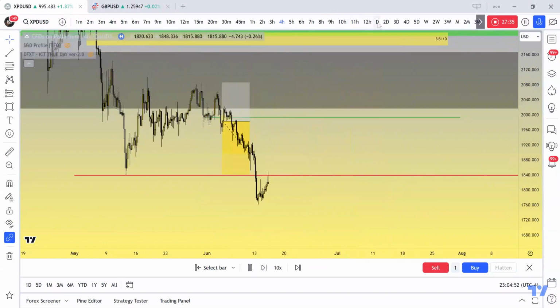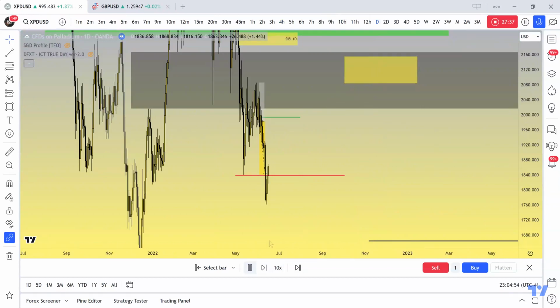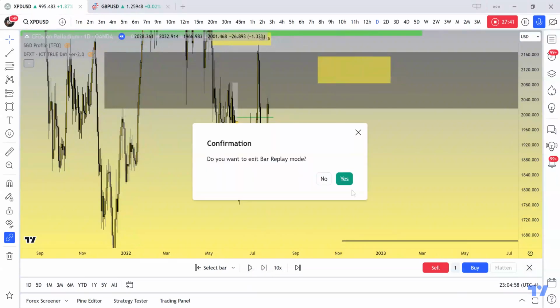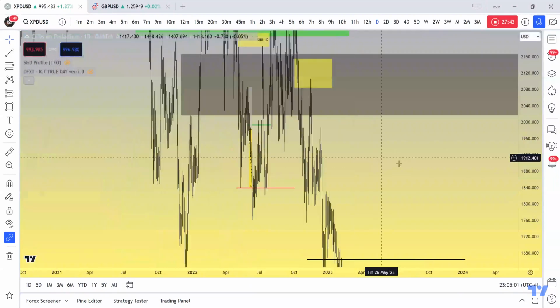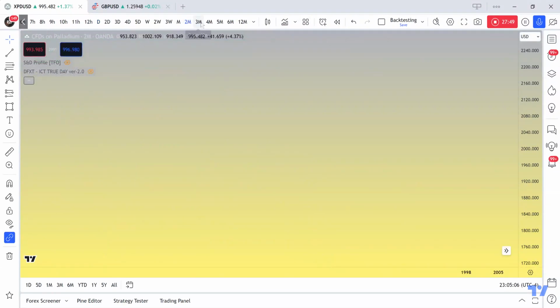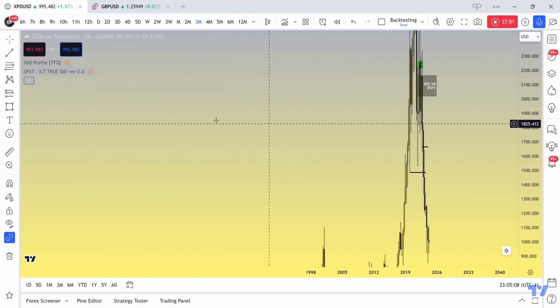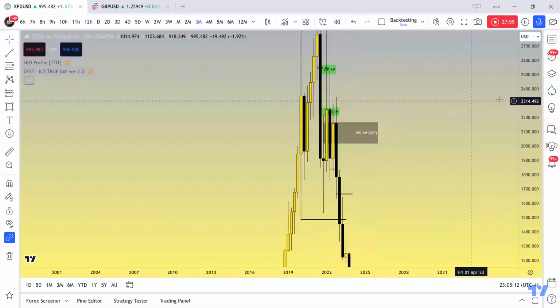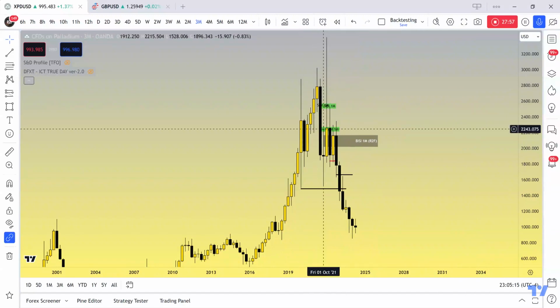But as we know, on a higher time frame, okay, let me cancel this so we can go back and have a look. This is what we have. As I said, I don't only look at the monthly, because why price came back up, it could be different time frames. So we have this is a monthly gap, right?